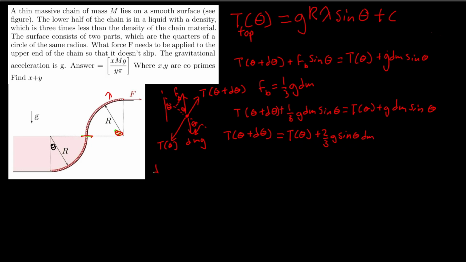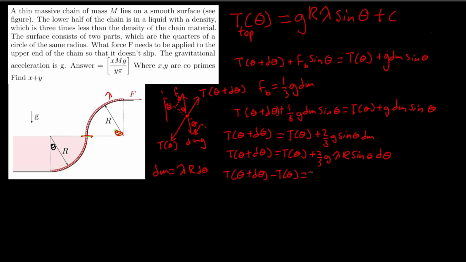And we know that dm is equal to the density of the chain times the little arc that this little section of chain spans across. So we can plug that in, like this. Subtracting T of theta from both sides, and now I'm going to divide by d theta on both sides.